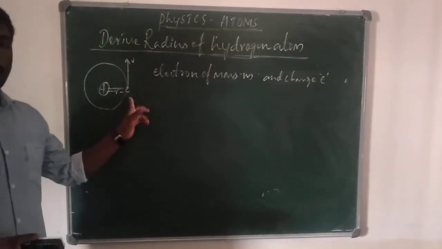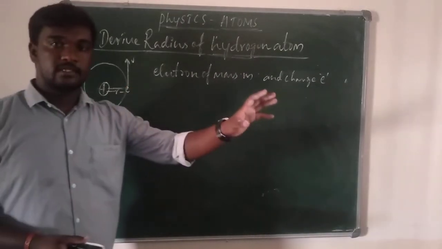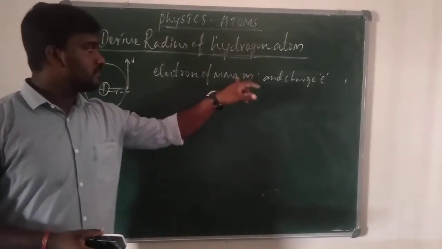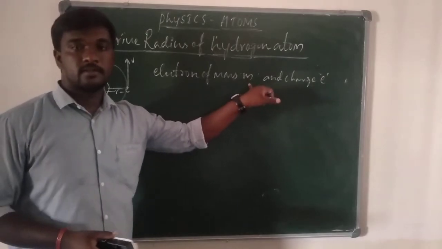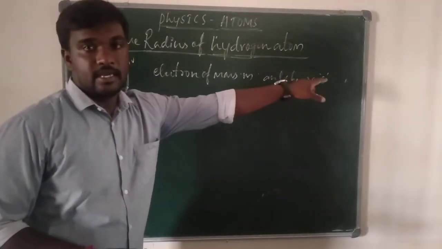Here the electron has some amount of mass. We consider that mass is m, and the charge of the electron is e.